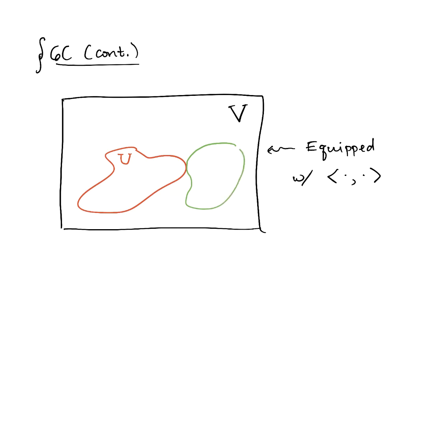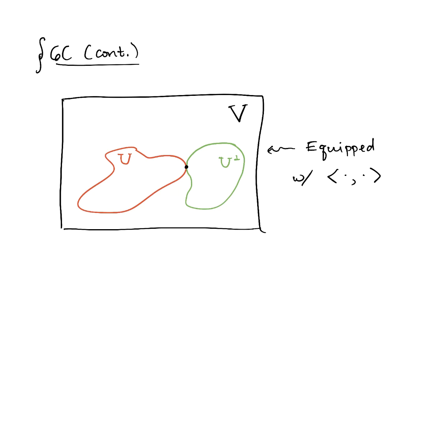And again, we draw these just brushing up against one another because we know the only vector orthogonal to itself is 0. So the only thing that U and U perp can share is the 0 vector, which is this vector right here. So there's 0 where they touch, otherwise they're disjoint.